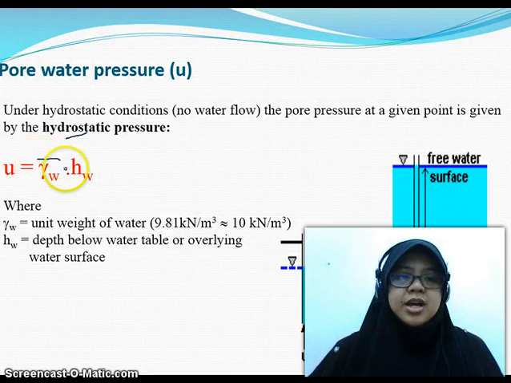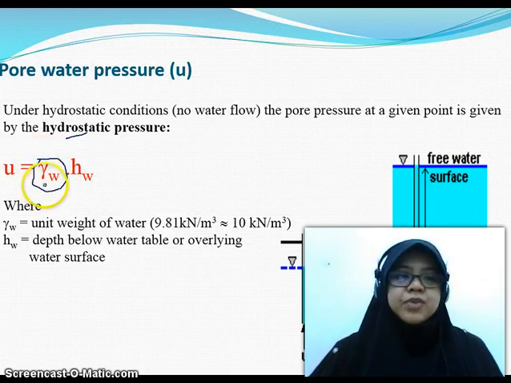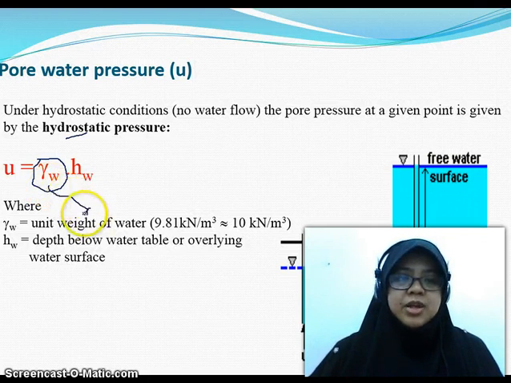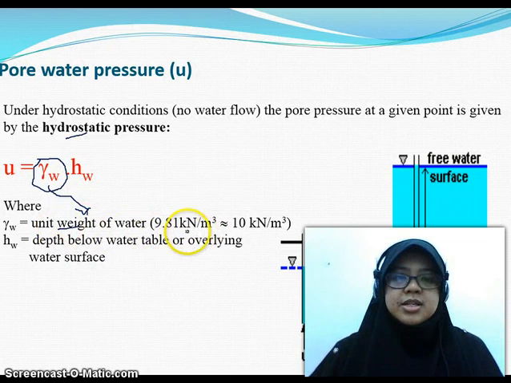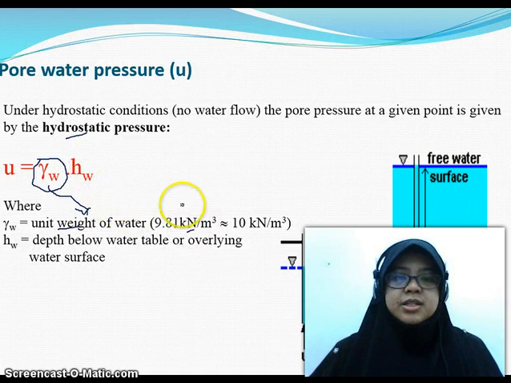This time we are not using gamma bulk or gamma saturated, but we use the value of gamma water, the unit weight of water. The unit is kilonewton per meter cube. It is 9.81 kilonewton per meter cube, or simply we also can denote it as 10 kilonewton per meter cube, times the height of the water in the soil.